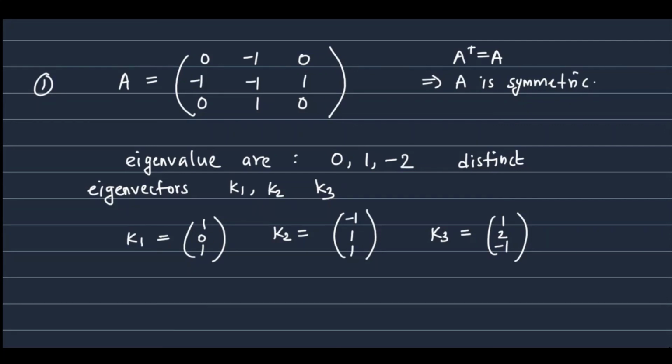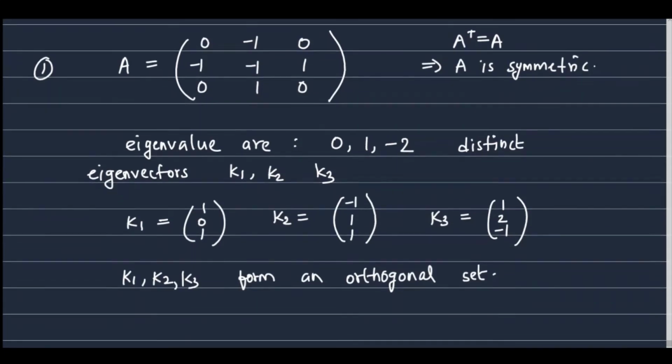Now k1, k2, k3 form an orthogonal set, since the eigenvalues are distinct. Now our aim is to find orthonormal vectors, so we have to divide these vectors by their norm.